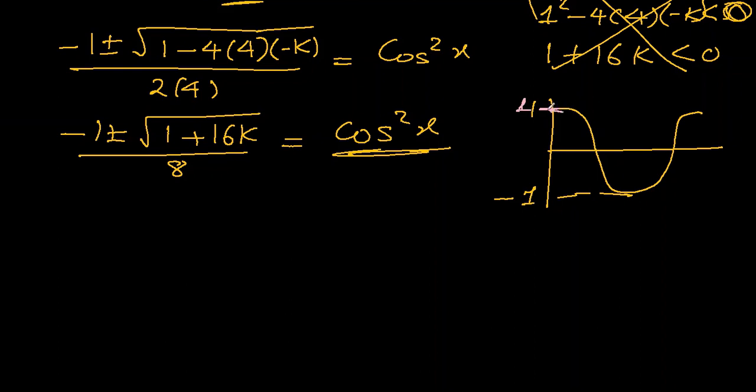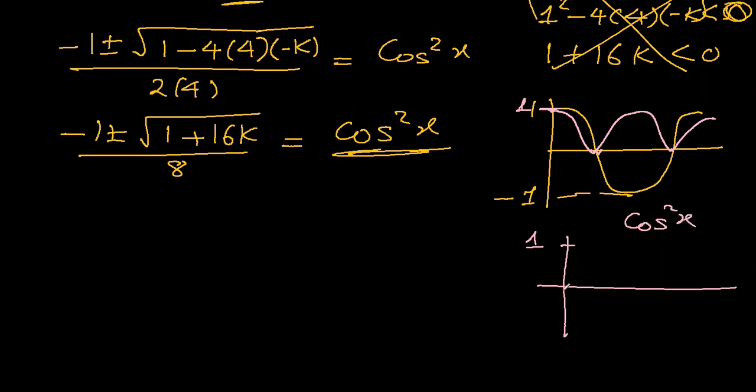But the negative part will also be squared to positive. So let me again redraw this. The graph of y equal to cos square x will be something like this. That means the maximum value is 1, the minimum value is 0.